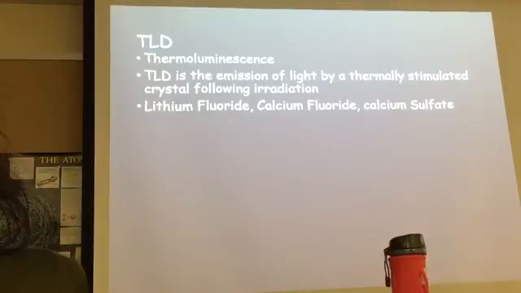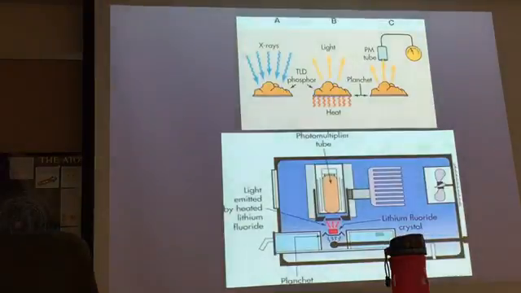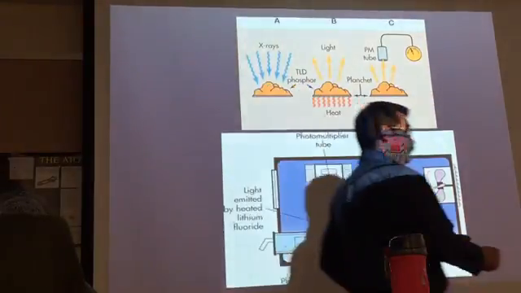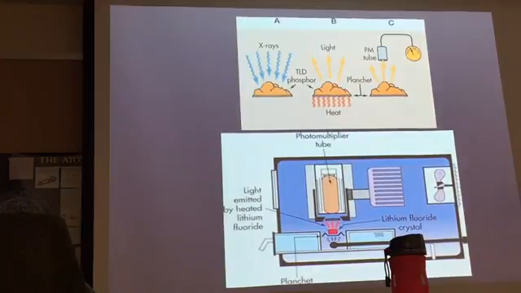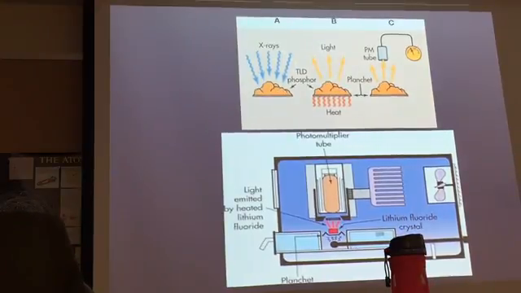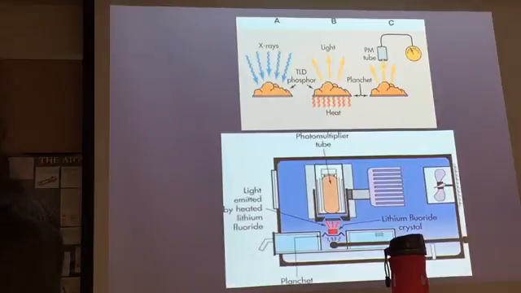The most common crystals are lithium fluoride, but calcium fluoride and calcium sulfate have also been used. The most common is lithium fluoride. So this is the basic idea. Let's say this is lithium fluoride. You expose it to X-rays, and it absorbs the radiation.